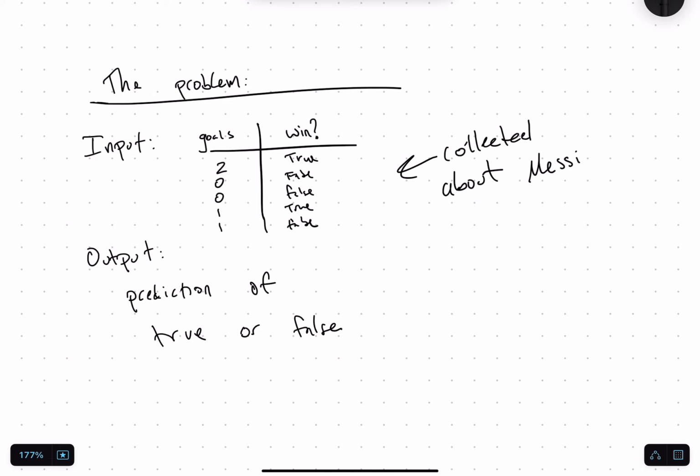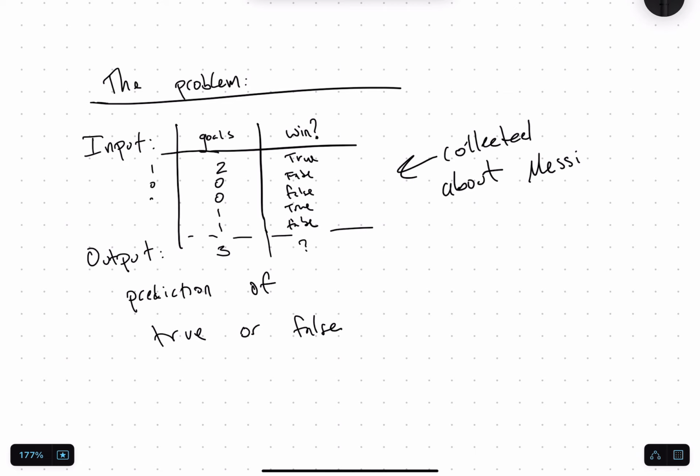So that was the data that I collected. And then for a new data point, 3, basically, I want to know the answer there. I want to predict an answer there. And obviously you could have more things than goals. You could do assists.